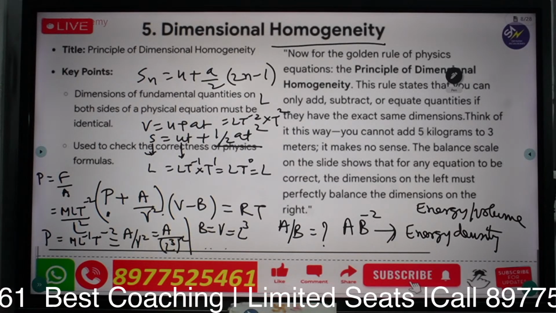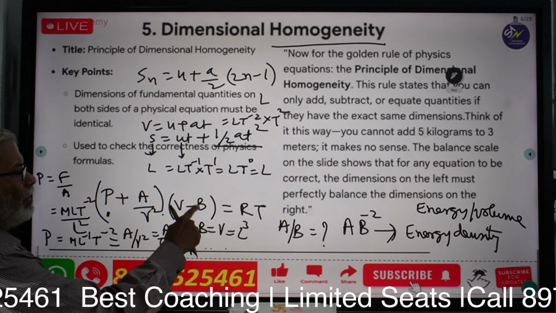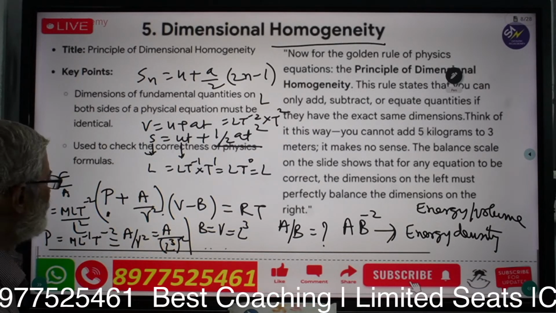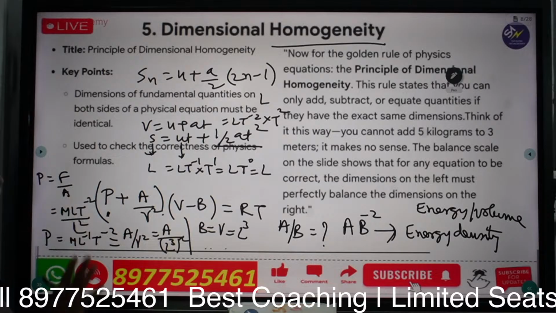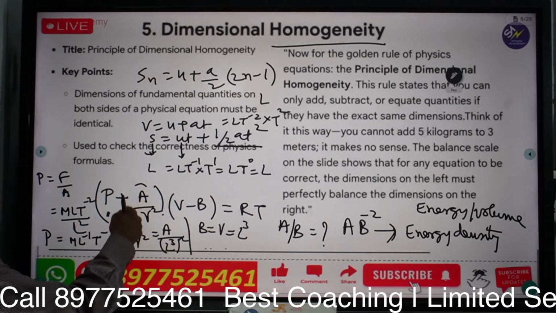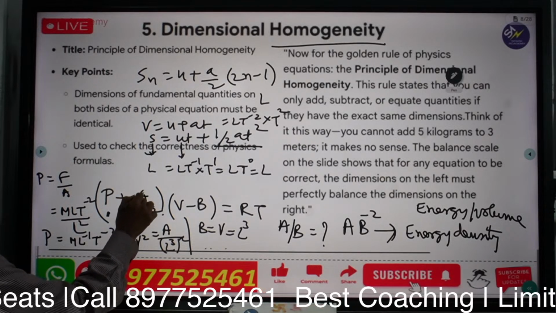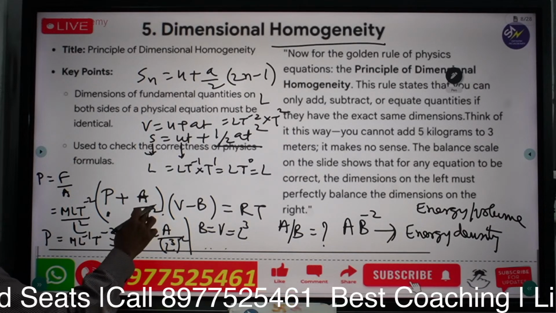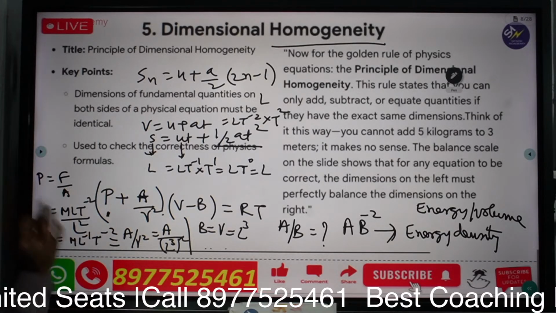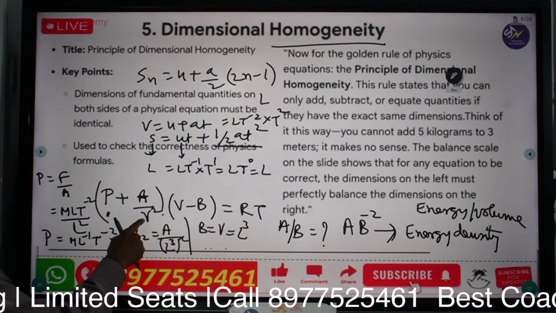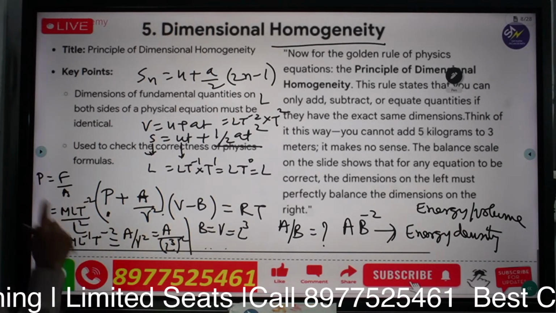That is what homogeneity says: the dimensions of these are equal. Don't bother about minus, plus, all those things, leave it. Similarly, P means pressure. So the dimension of A by V square is equivalent to P. So A will be V square into the dimension of P.